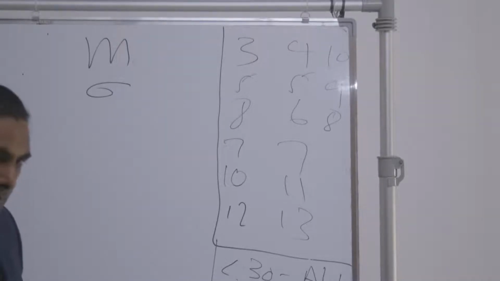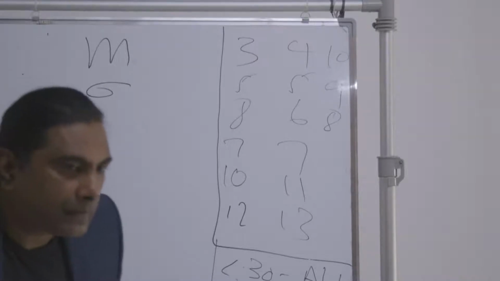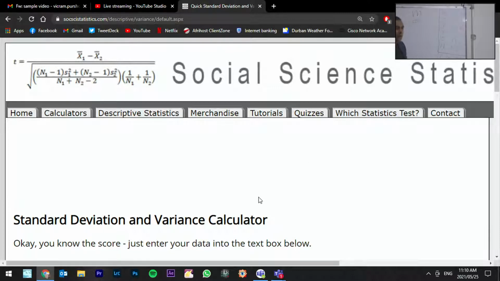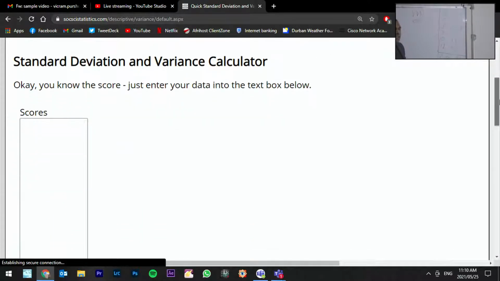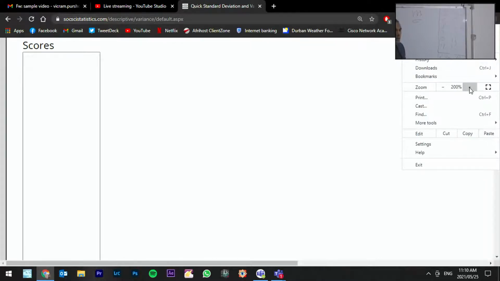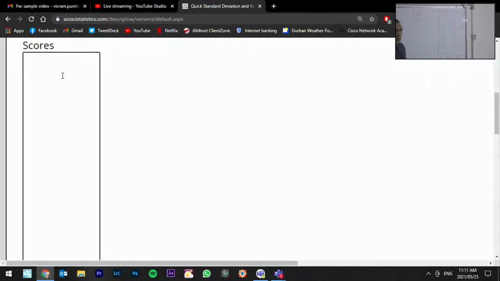Okay, can you see Vic's screen now? So we're doing the exercise with you. We're putting in the numbers that are on the board.